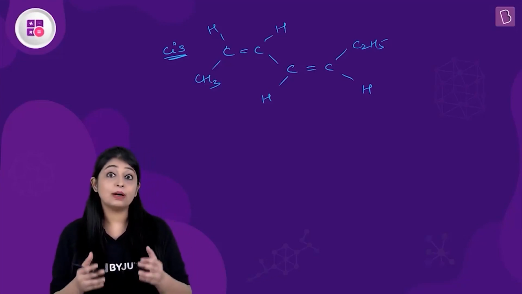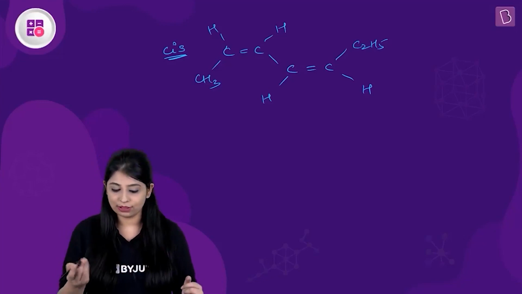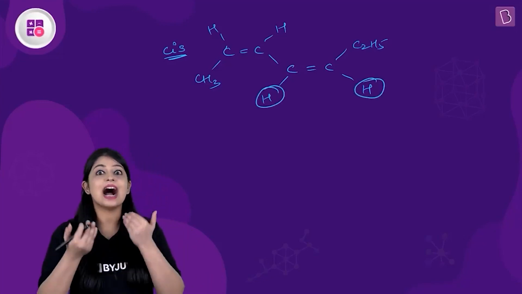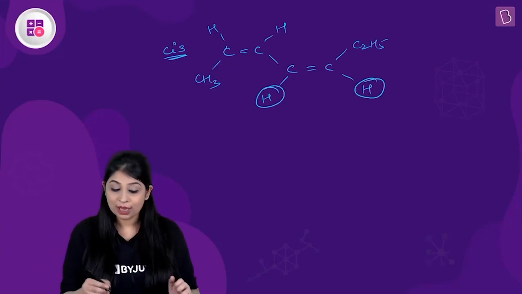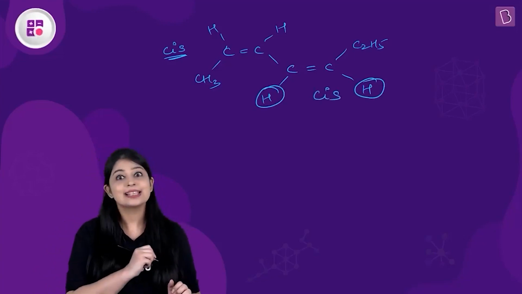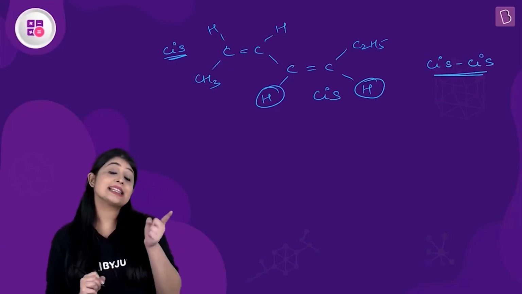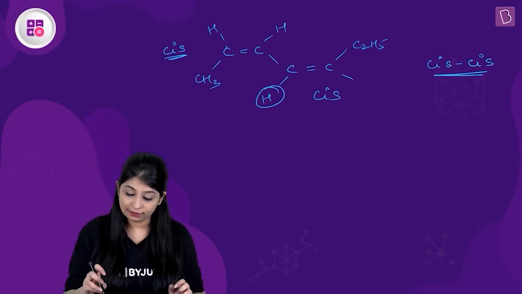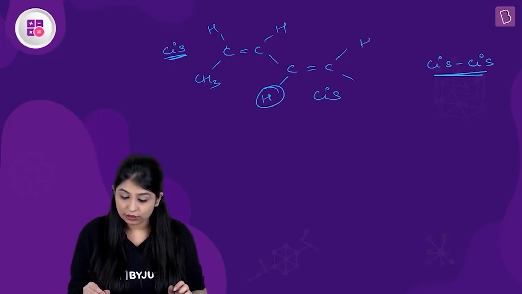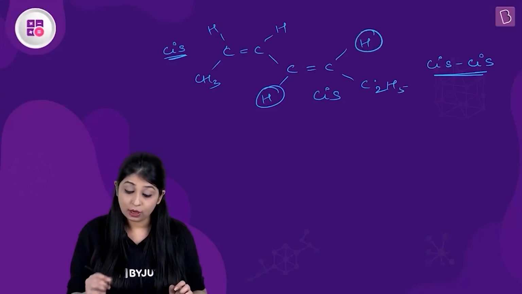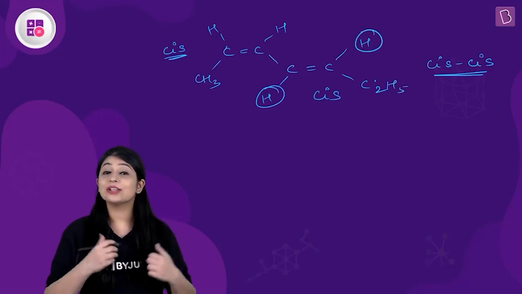Now, what about the arrangement in the second double bond? If you can see, both of the hydrogen atoms are on the same side of the double bond. So this is also cis. So can we name this isomer as cis-cis isomer? Correct. And similarly, if H is on the opposite side and C2H5 is here, now both of the hydrogens are on the opposite side.